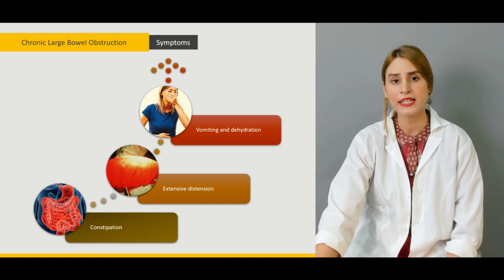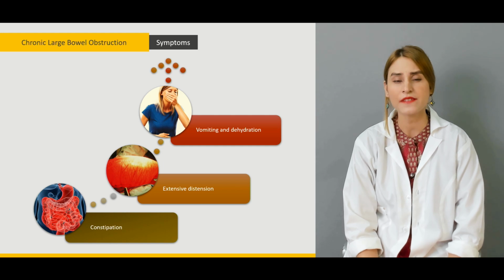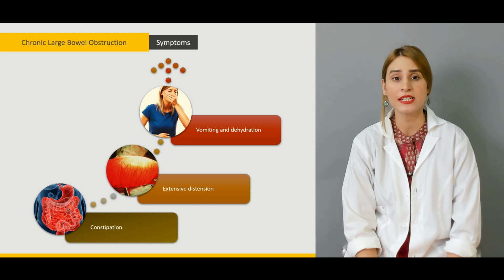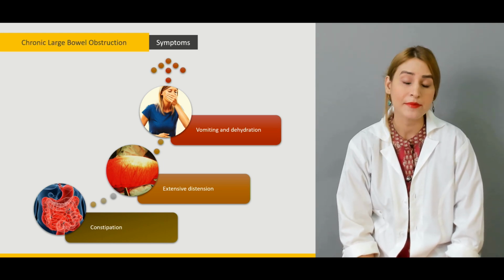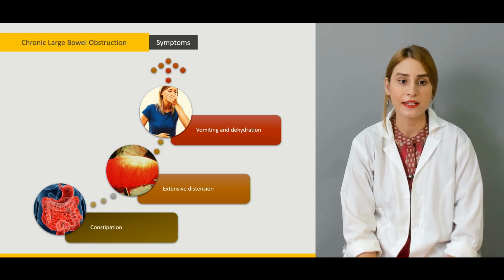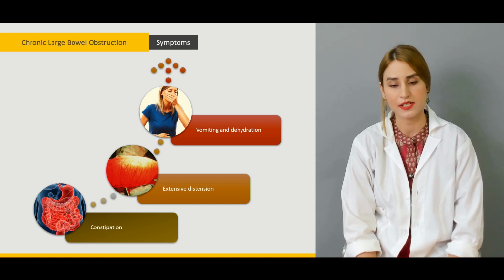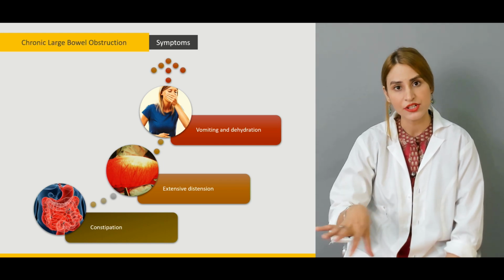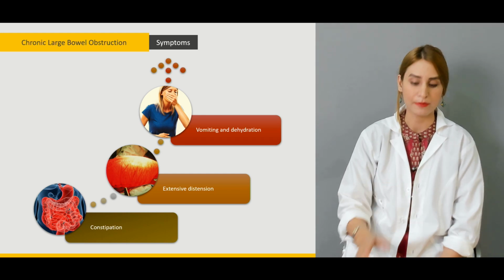Most of the time there is a subacute intestinal obstruction, and sometimes the patient passes stool, sometimes not, and sometimes the patient is not passing stool but passing flatus. So the patient has relative constipation and extensive distension, but vomiting and dehydration are not that pronounced. They are more common and more pronounced in small bowel obstructions.